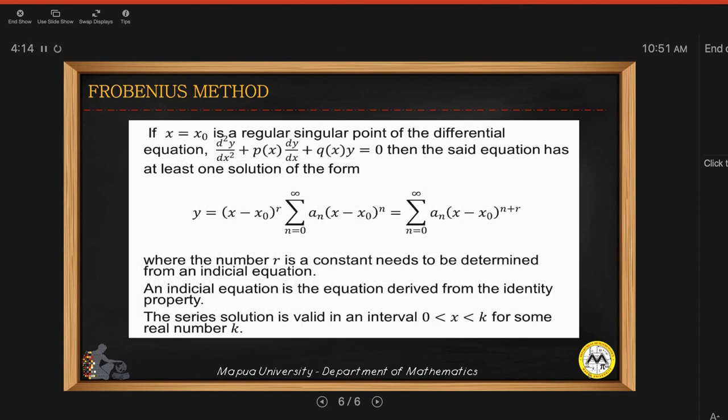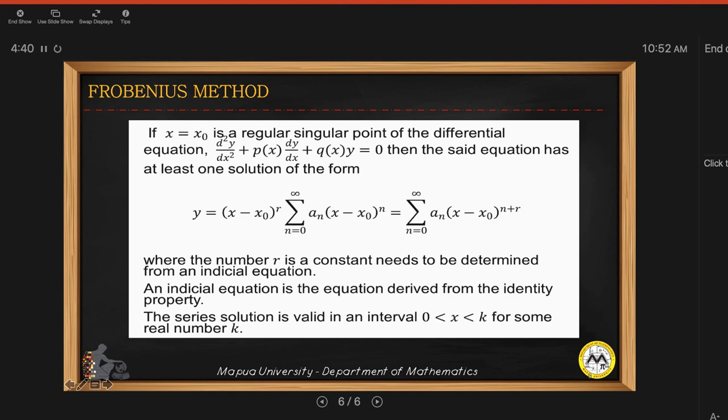Now, if x equals 0 is a regular singular point of the differential equation, then the said equation has at least one solution of the following form. So this is our original power series, as when x equals 0 is an ordinary point.